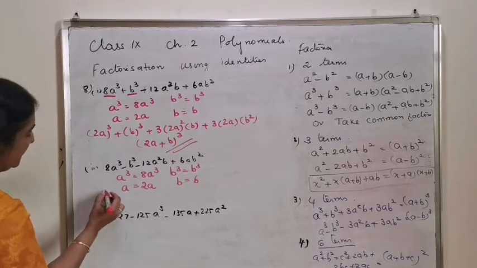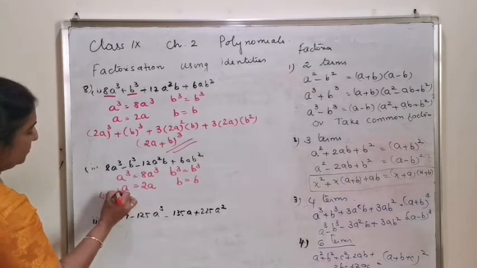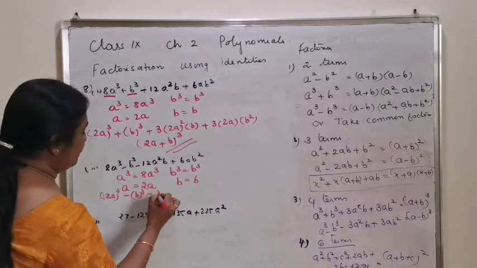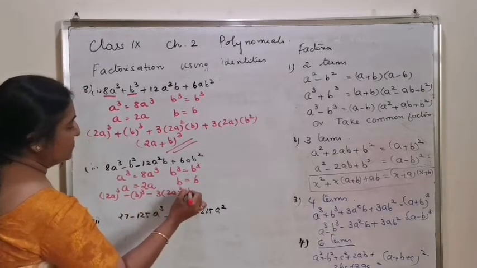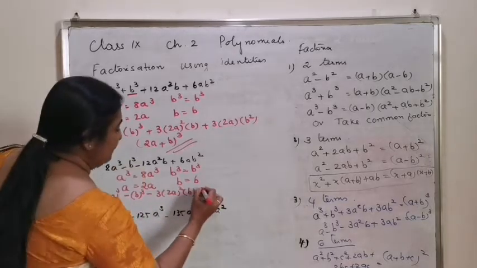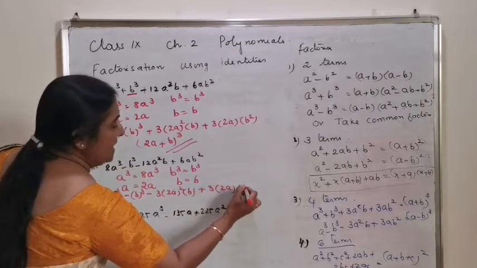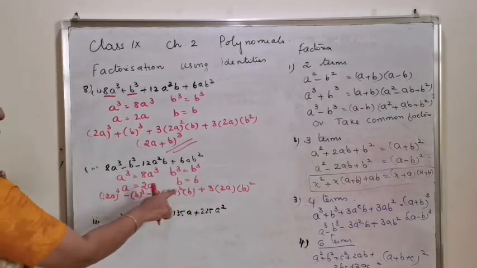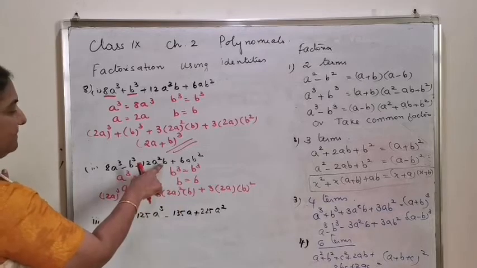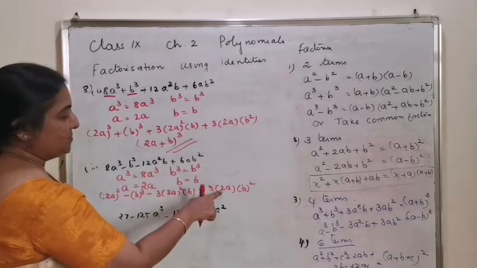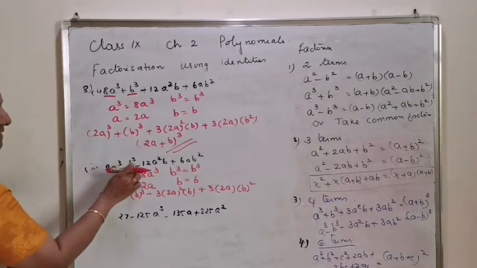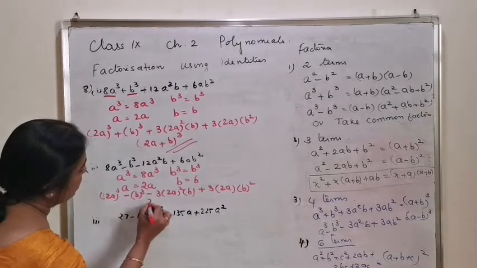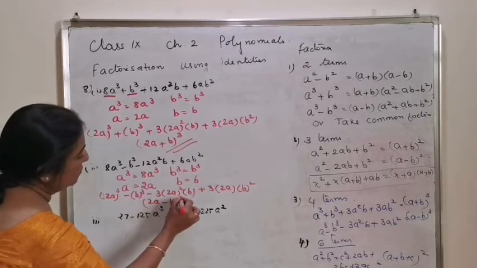The arrangement is (2a) the whole cube minus b the whole cube minus 3 into a square into b plus 3a b square, which gives you the same: 2 square is 4, 4 3s are 12a square b, then plus 3 2s are 6ab square. Since the first three terms are negative and the last term is positive, you can get it as (2a minus b) the whole cube.